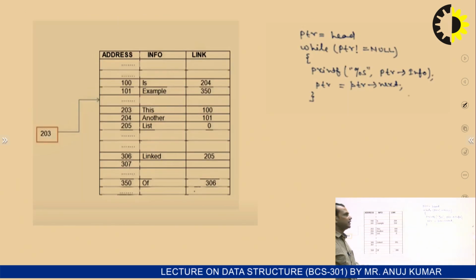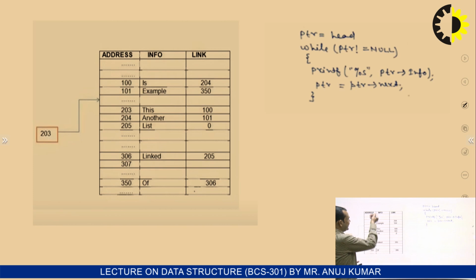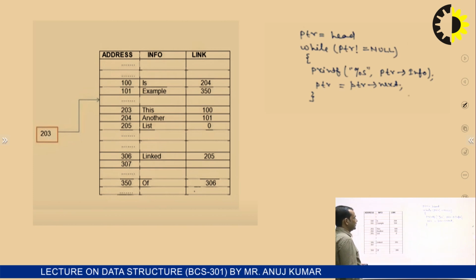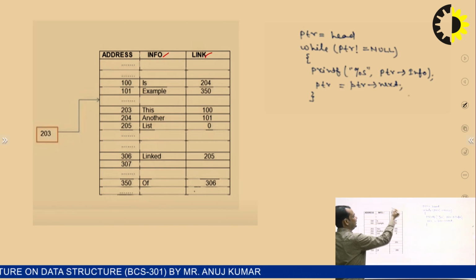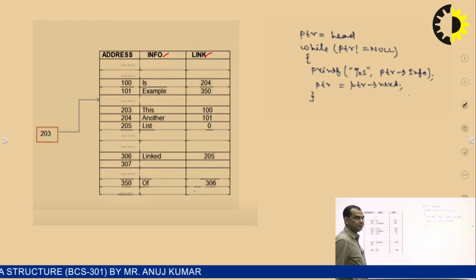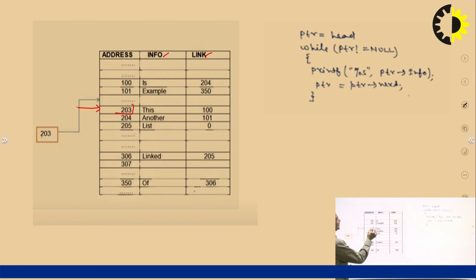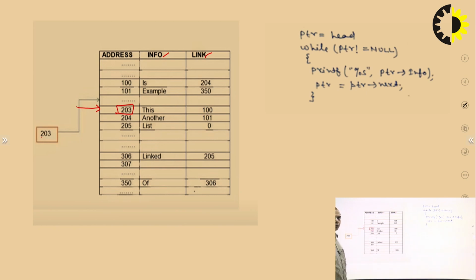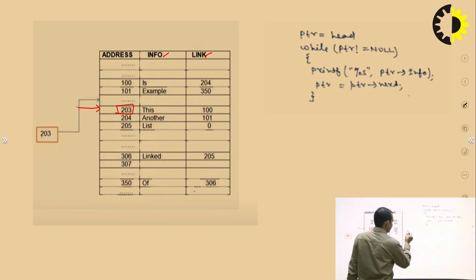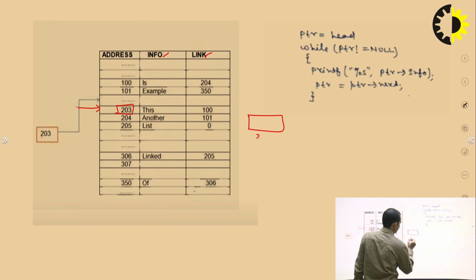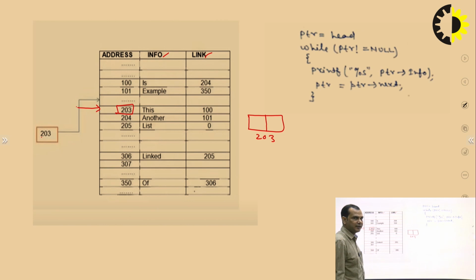Again we take one example. Suppose this is the address stored here, this is the info value, and this is the link part. Okay, where does our list start? It starts from 203. So our first node is 203. It is divided into two parts, the info part and the link part.